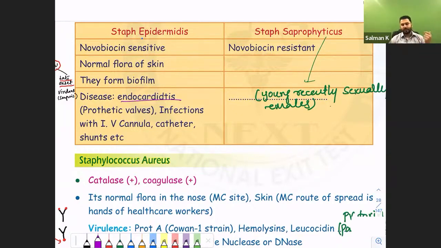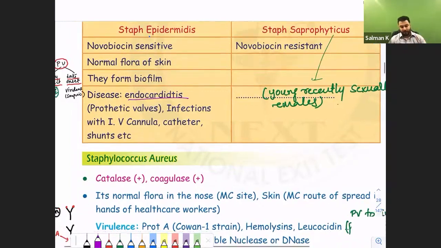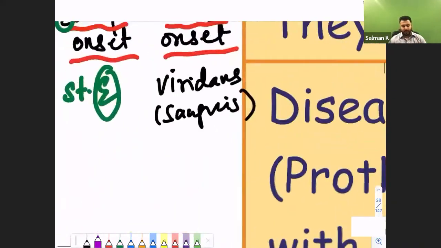Endocarditis these days is divided into two types primarily: native valve endocarditis, that's the original valve, and then the artificial valve known as prosthetic valve. When you have implanted prosthetic valves in someone's heart, expect infection of that called endocarditis, which is divided as early onset and late onset.